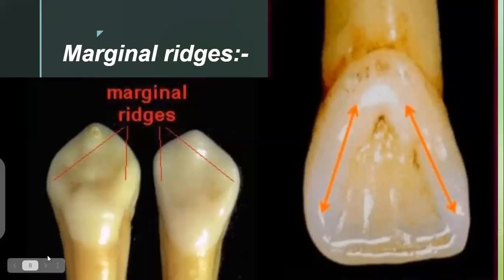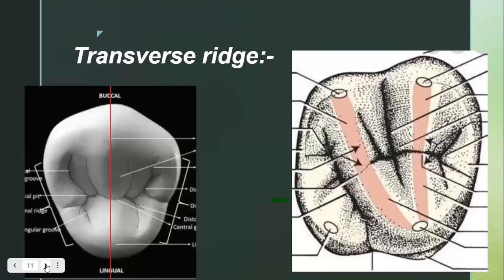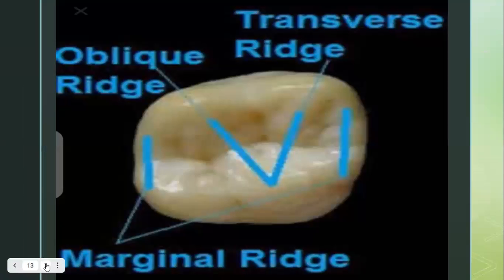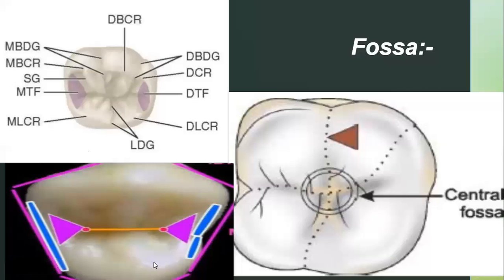There is also the central fossa, as you can see in this picture, right? A depression in the center of the occlusal surface is termed the central fossa.